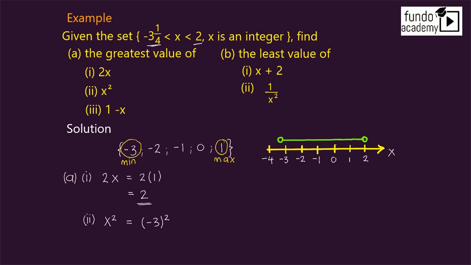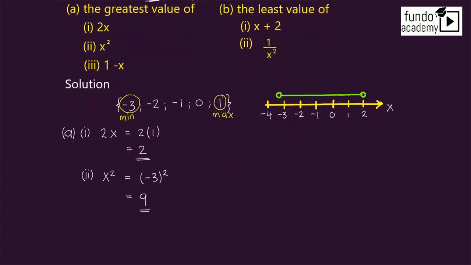So -3 squared gives us 9, and the greatest value of x squared is 9. It's also important when you look at the greatest value of a square to consider that squaring a negative number gives you a positive result. So a least value, which is a negative value, can become the greatest value when squared.